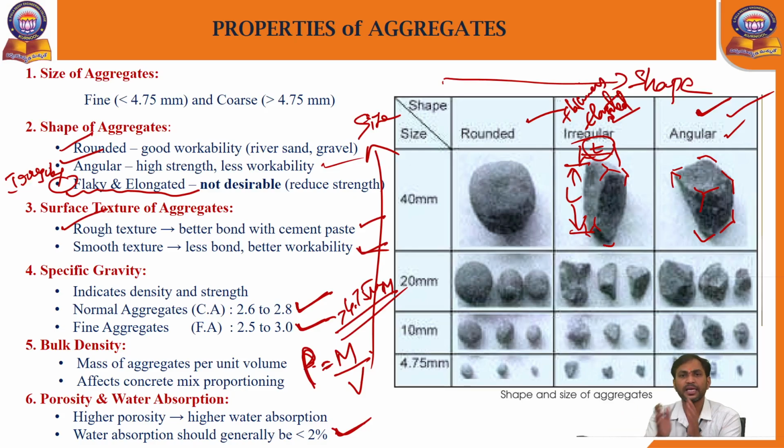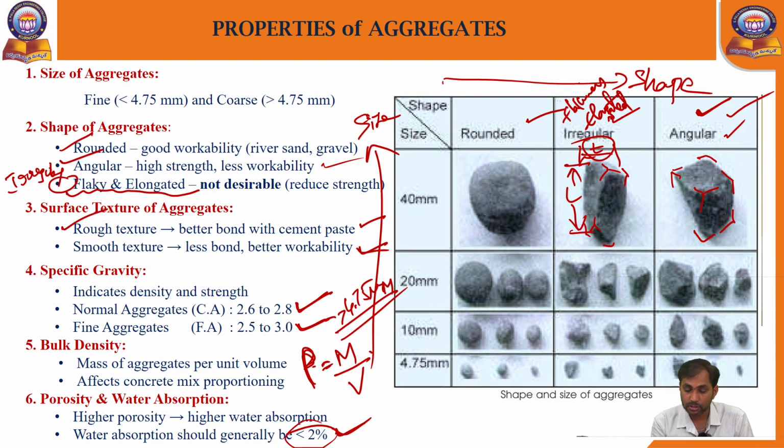If you collect the aggregates and dip them in water for up to 24 hours, then take the wet aggregates out after 24 hours, get the weight and do the calculation. There will be a weight variation. Then you just cross check. The result should be less than 2%.